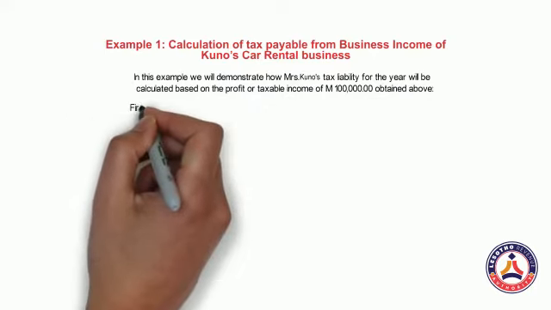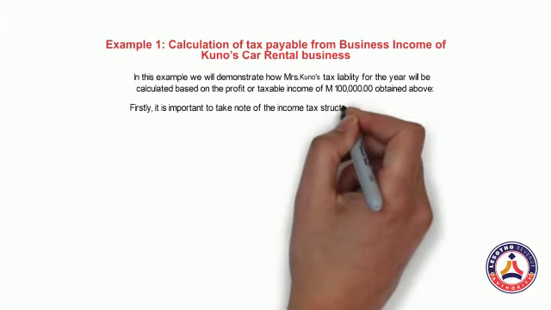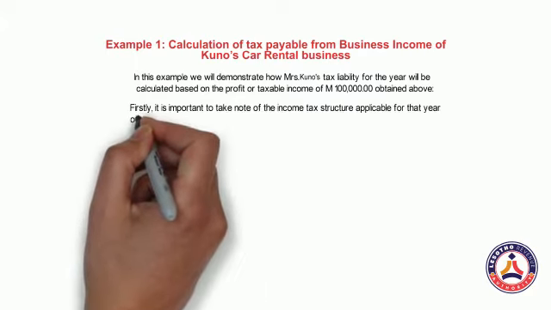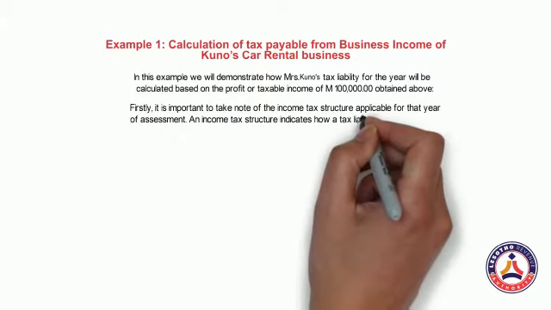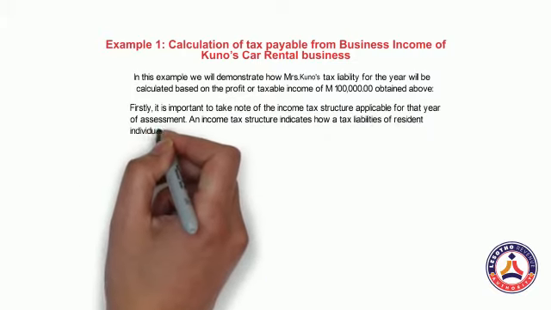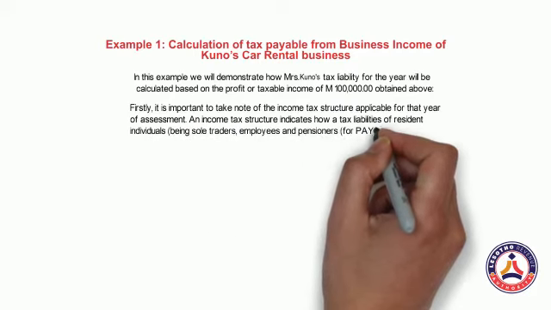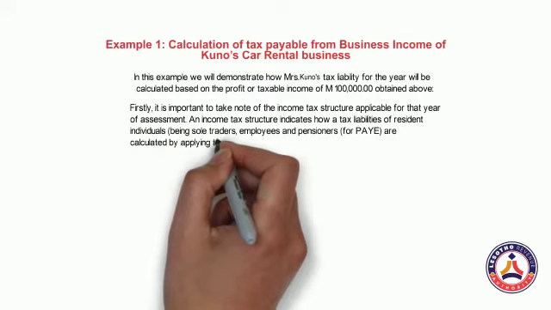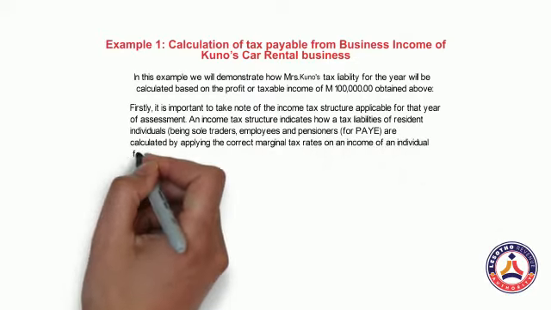Firstly, it is important to take note of the income tax structure applicable for the year of assessment. An income tax structure indicates how tax liabilities of resident individuals, being sole traders, employees, and pensioners for pay as you earn are calculated by applying the correct marginal tax rates on an income for an individual for the year of assessment.